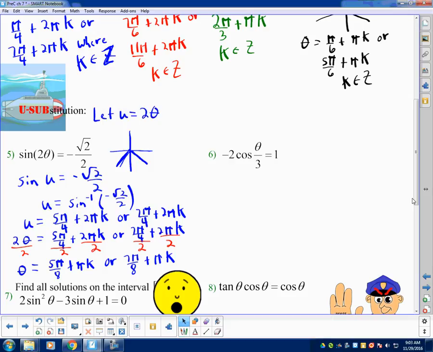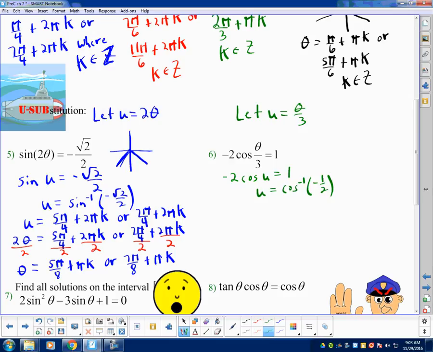But if I do a u substitution, this would be let u equal theta over 3. And so my new equation is negative 2 cosine u equals 1. And if I solve that for u, I have u equals inverse cosine of negative 1/2. I'm going to draw my picture here.